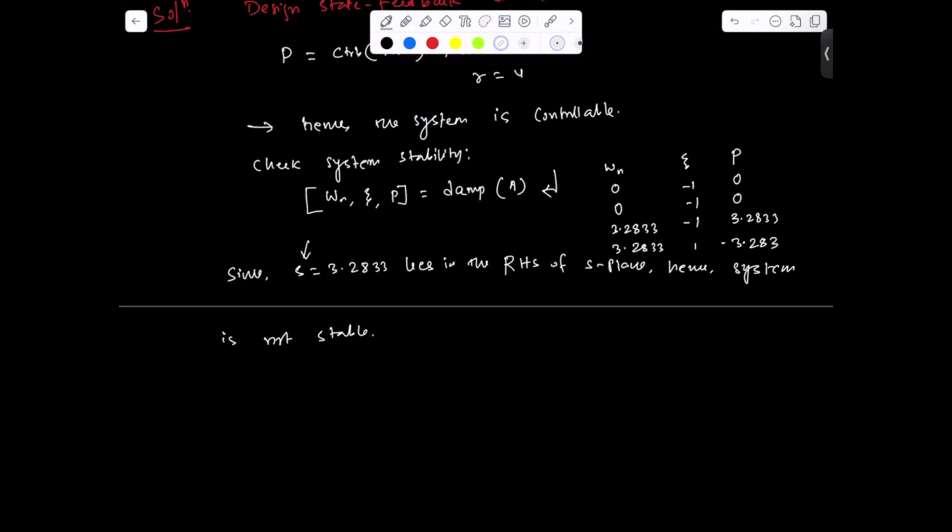So we need to design the state feedback control, which will help us shift the unstable pole to the stable region.